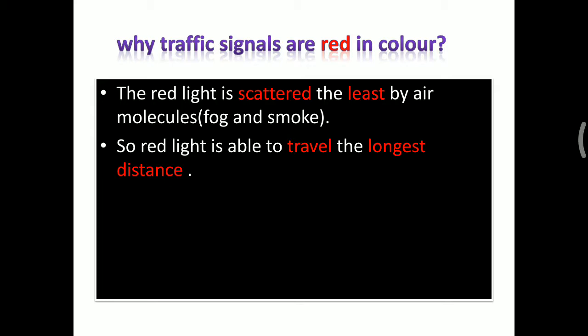The fine particles scatter the shorter wavelengths. So the longest wavelength, red, is not scattered more. So it travels a long distance. The light that travels the long distance reaches our eyes. So the red light is able to travel the longest distance. So the traffic signals are red in color.